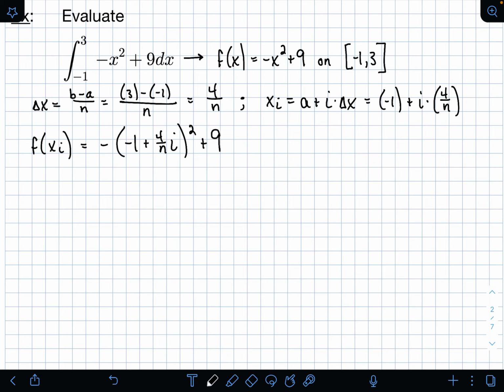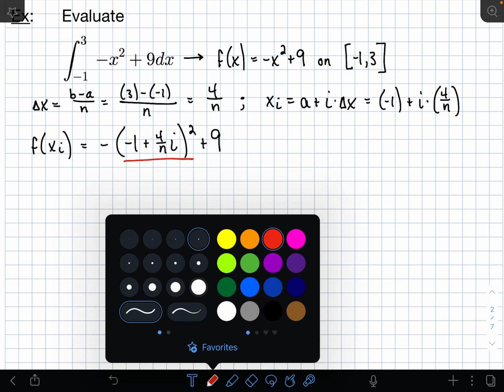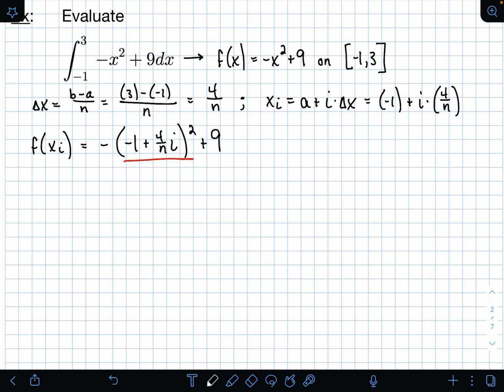We will, of course, need to expand this, which is not as simple as just squaring each of the terms. That actually has to be FOILed out, if you will. I will leave that for you to do if you want to pause the video and work that through very quickly.